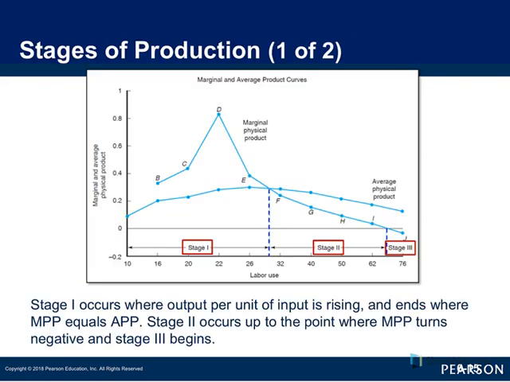If we plotted the marginal physical product curve and the average physical product curve, it would look like this, and they would demonstrate our stages of production. The marginal physical product, as we examine it, we can tell that we have added in some input, and on the margin it's doing really well. We added in some more input, and wow, it's doing really well.